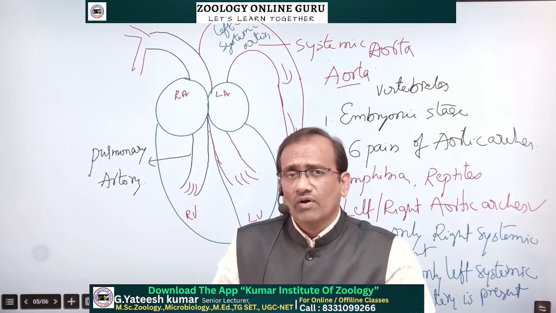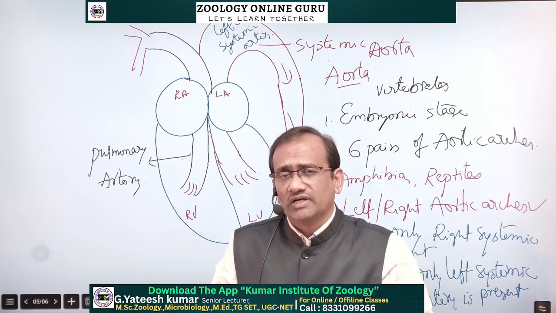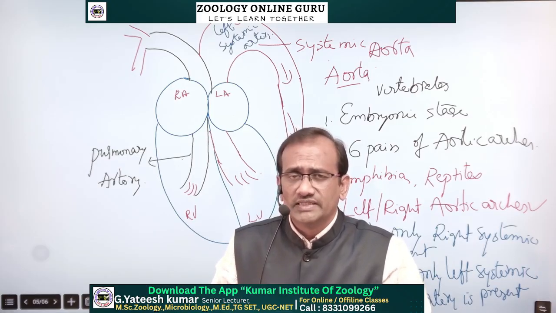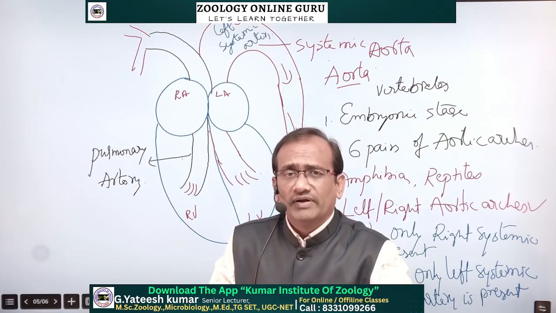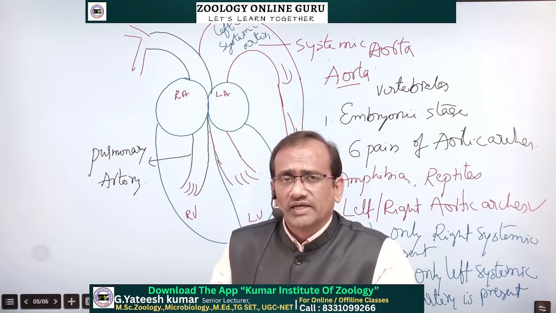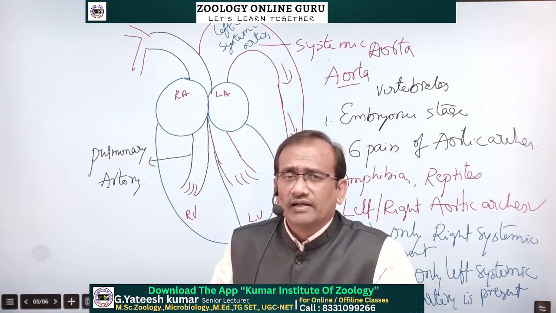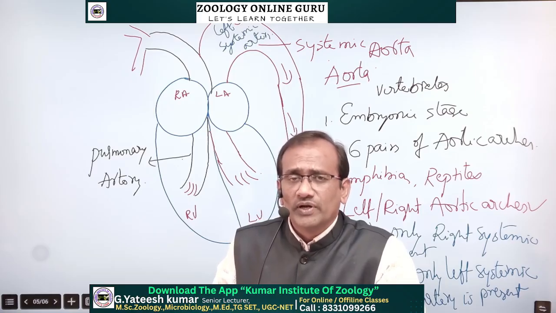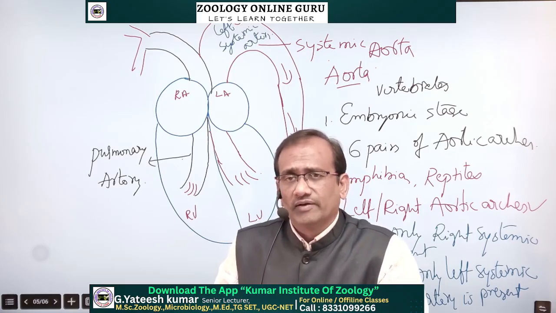Because the walls are much thicker, so the chamber size decreases, while the right ventricle walls are very thin, so the chamber size is more. And the right atrium receives the impure blood from all the body parts, so it's large in size compared to the left atrium. Okay.